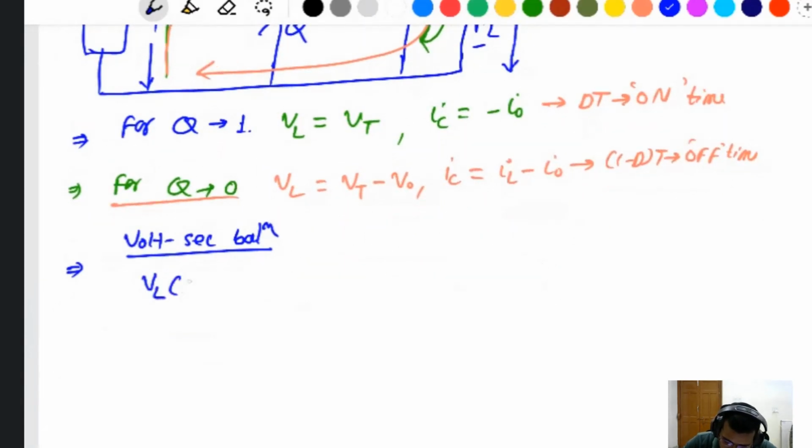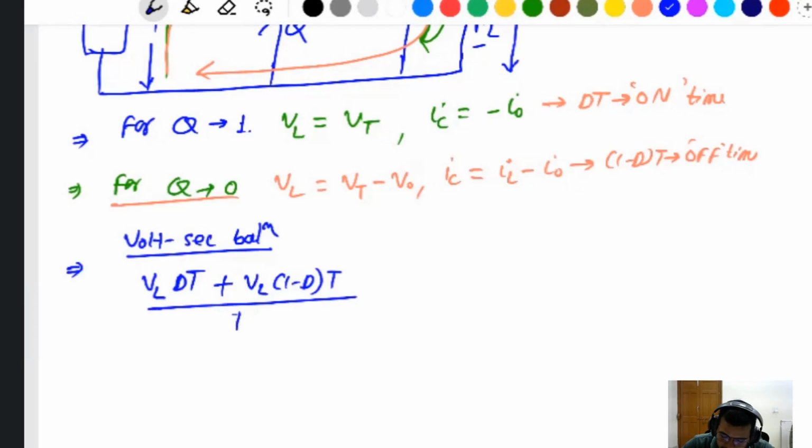Voltage into time. The time is the DT on time plus the off time. The on time plus the off time divided by the total time, the average of the inductor voltage, is equal to 0 for the inductor.